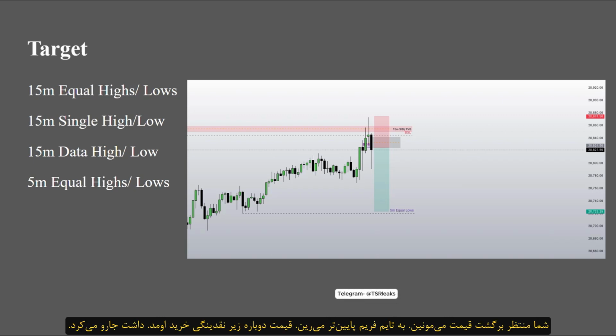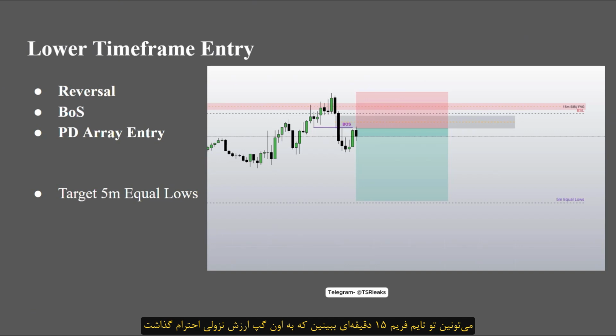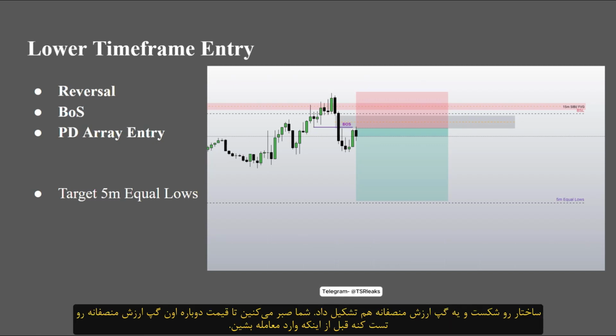You wait for the reversal. You head to the lower time frame. Price came back below the buy side liquidity it was sweeping. You can see on the 15-minute time frame it respected that bearish fair value gap. It broke structure and formed a fair value gap as well. You wait for price to retest that fair value gap before entering.